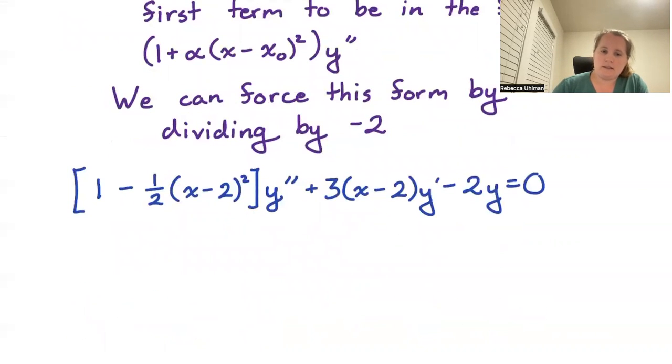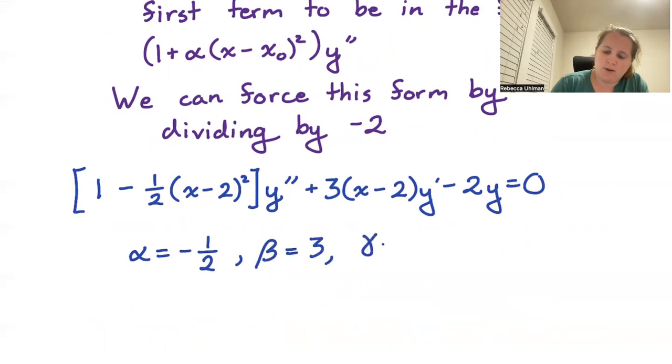So in this case, our alpha is negative 1/2, our beta is 3, our gamma is negative 2, and of course, our x naught is equal to 2.